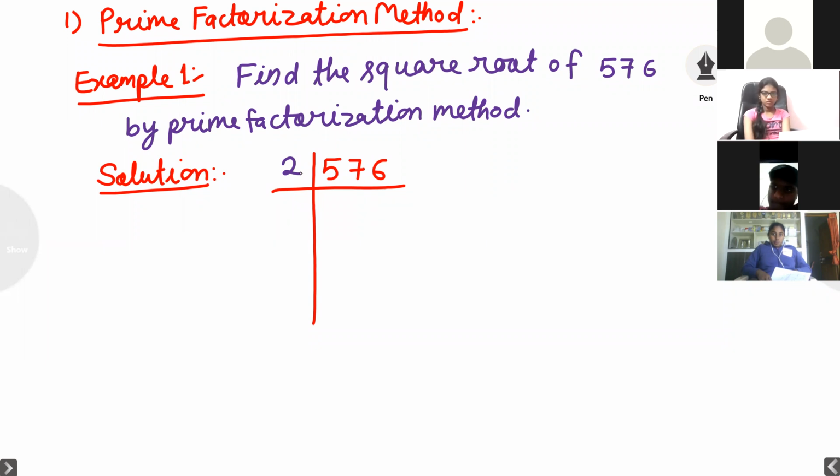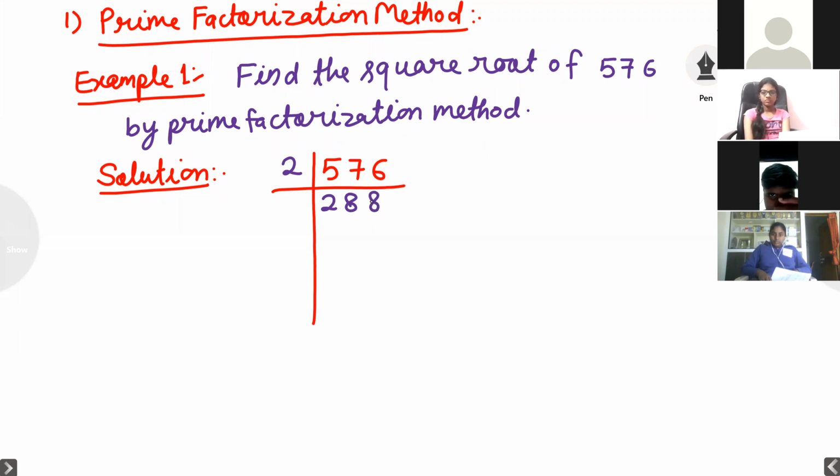Now 576 divided by 2. 2 twos are 4. 5 is there, 1 is remaining. 1 will come before 7, 17. Then 2 eights are 16. Again 17, 1 is remaining. 1 will come before 6, 16. 2 eights are 16. Are you getting my point?